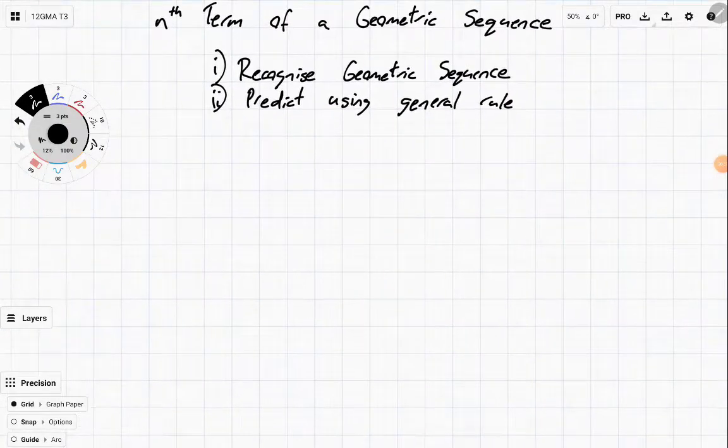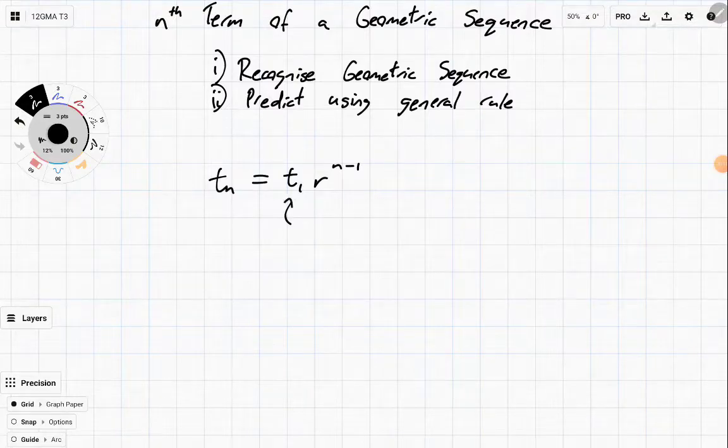Alrighty, so the general rule is Tn is equal to T1 r to the n minus 1. You'll notice it's got the n minus 1, same as with the arithmetic, but instead of multiplying, it's actually to the power of. So it's r to the power of n minus 1.